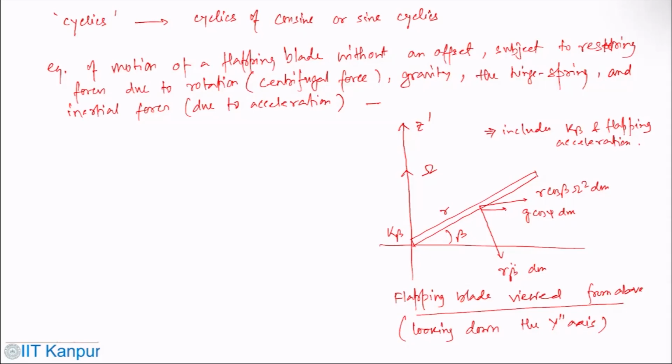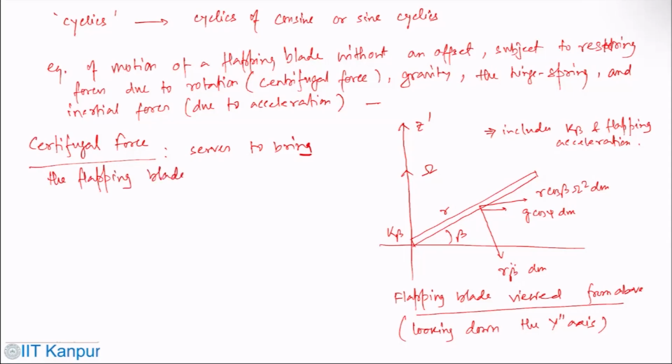So both of them are included. Now we can summarize all these forces. So first you have centrifugal force. It serves to bring the flapping blade back into the plane of rotation.